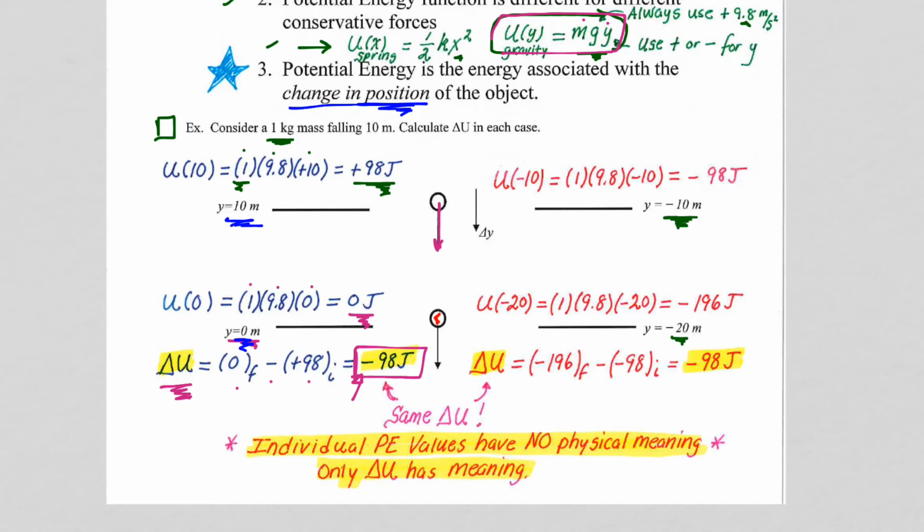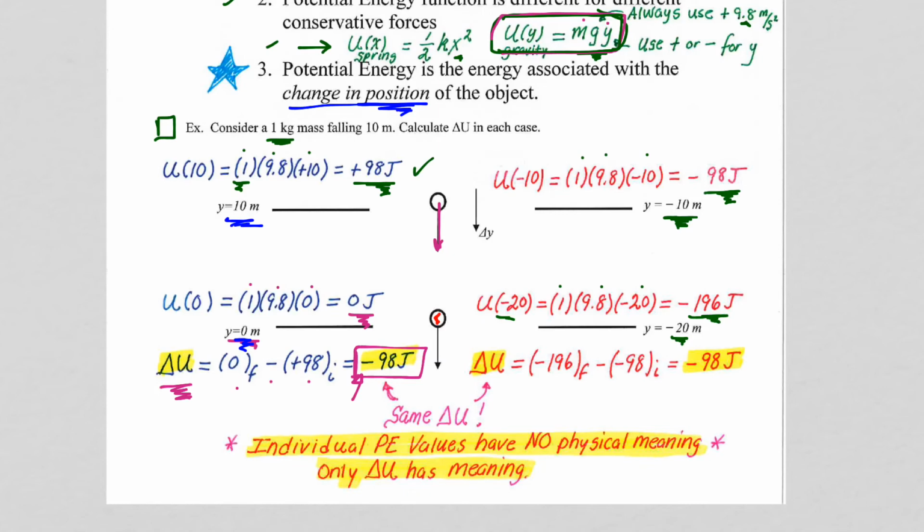So if we calculate the potential energy value, again, mgy, the negative goes in for the y. Now we don't have positive 98 joules. We actually have negative 98 joules. Huge difference in those values. Our potential energy at negative 20 then is mgy with y negative 20, negative 196 joules.